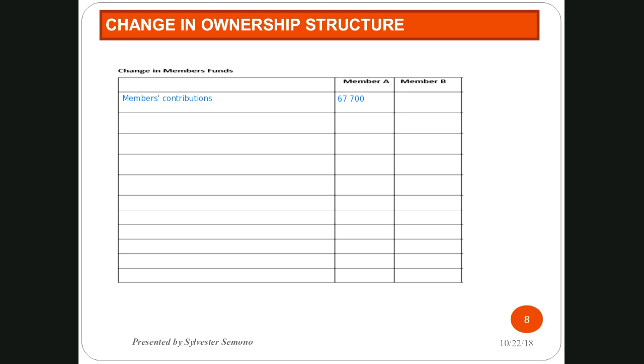Okay. And the next one, we have retained earnings. Remember the retained earnings is the same as the undrawn income. You can write undrawn income if you want. Now, let's talk about this retained earnings. Remember the whole thing about transferring to the other member took place during 2012.